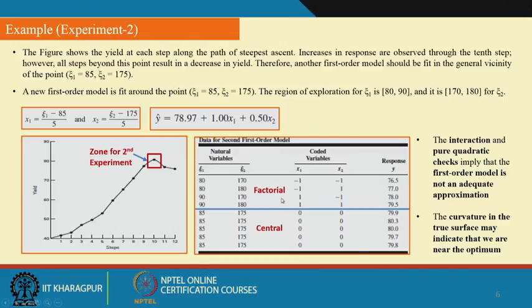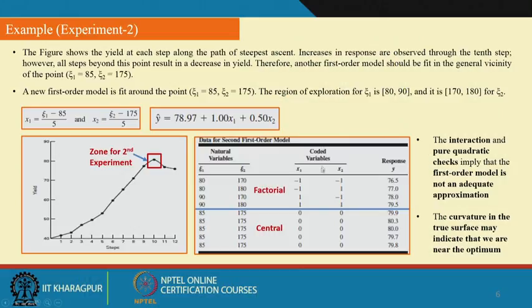In the same manner we fitted the first order model, and when we did, the interaction and pure quadratic checks implied that the first order model is not an adequate approximation. I am not explaining the calculation further, because we have given similar calculations for the first order model.